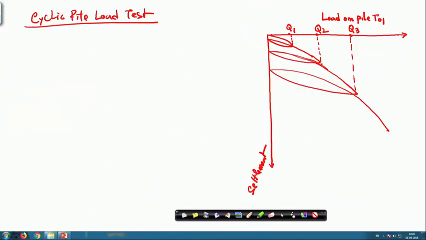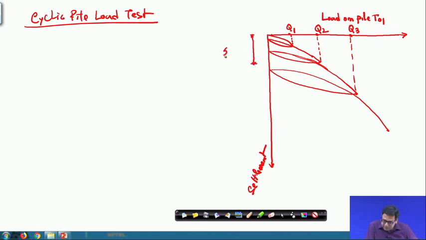For example, at the Q2 part, during loading your total settlement is this one, say ST2, where S means settlement, T is total, and 2 is for the second applied load.